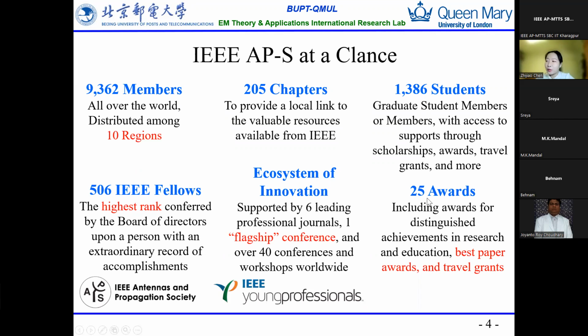APS also has several awards, such as the awards for distinguished achievement in research and education, and also best paper awards and travel grants. Most of these best paper awards and travel grants are meant to encourage students to join, so they are for students only.